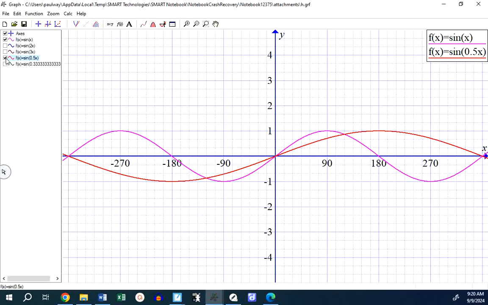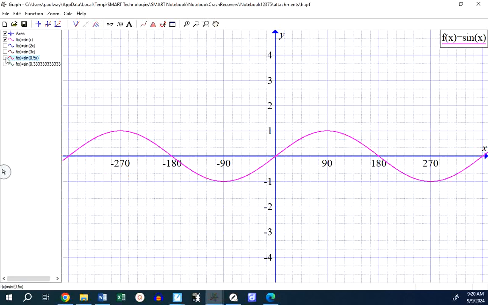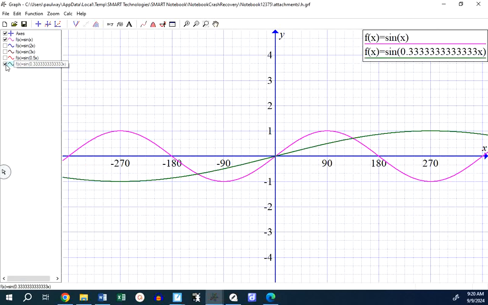0.5x gets twice as long. And 1/3 x, sine of 1/3 x, if you were to track some points here, you would discover it's 3 times as long. The distance horizontally on the pink graph to the maximum is 90 degrees.